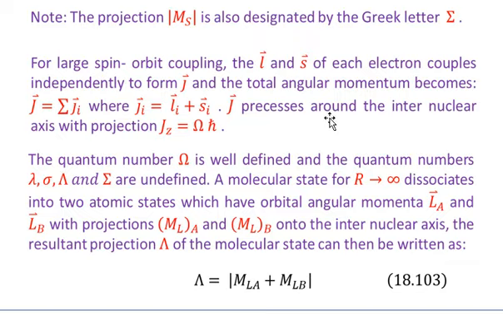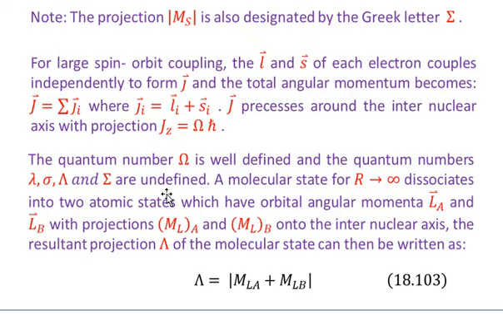Capital J precesses around the internuclear axis with the projection Jz equal to capital omega times h bar. I have explained all these quantities in the figures above. The quantum number omega, which is the total projection, is well defined, and the quantum numbers lambda and capital sigma are undefined.